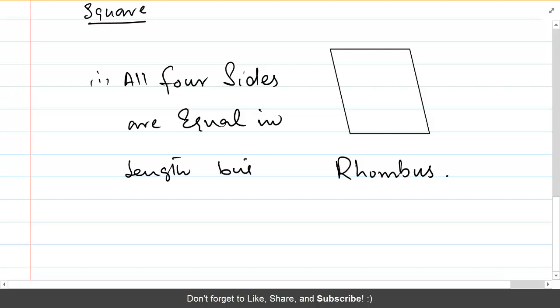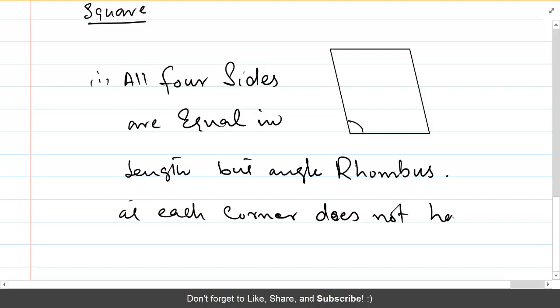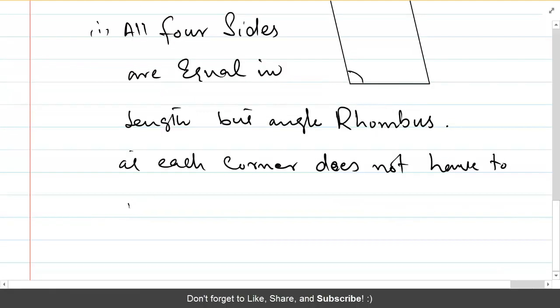but these angles are not 90 degrees at each corner. The angle at each corner does not have to be 90 degrees.